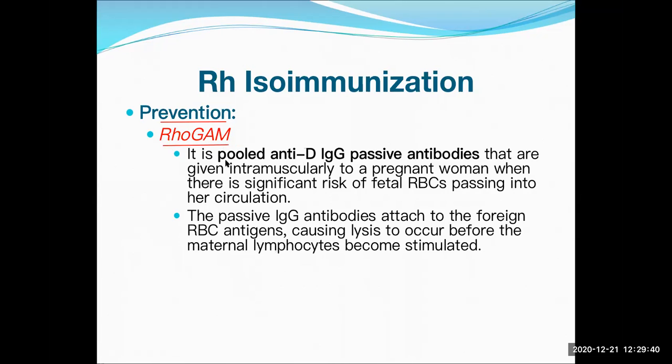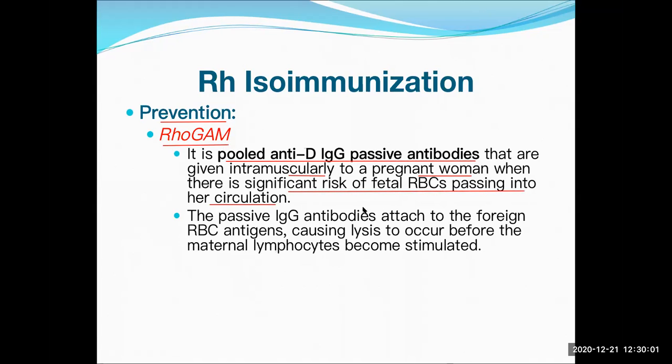This ROGAM is a pooled anti-D IgG passive antibody. Now see this, anti-D IgG passive antibody that is given intramuscularly to a pregnant woman when there is a significant risk of fetal RBC passing into her circulation.